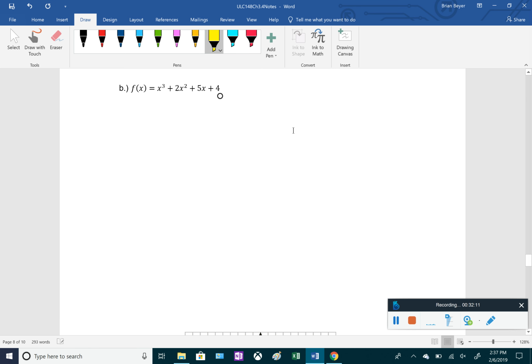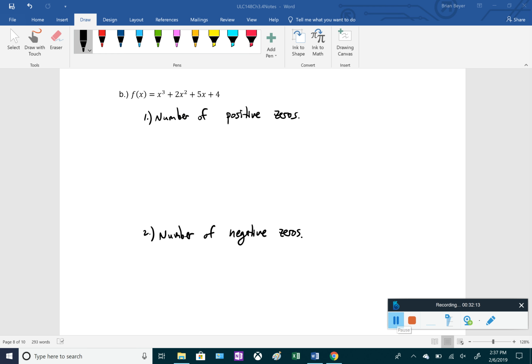So doing this next one, and doing the number of positive zeros first. We're just looking at the function x cubed plus 2x squared plus 5x plus 4, and looking at the sign changes starting from the left.